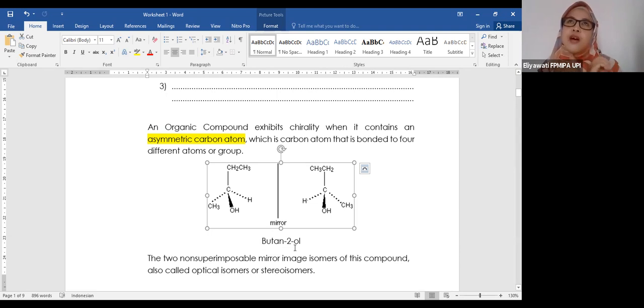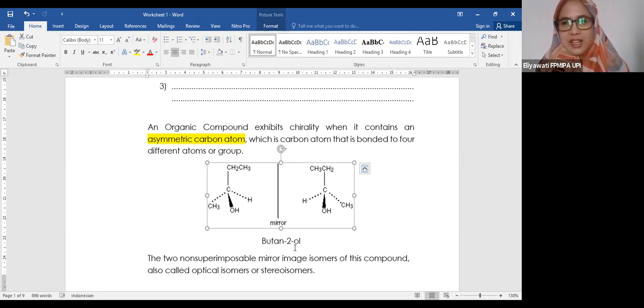Okay, we need another example of a substance that contains an asymmetric carbon atom. Can you find it? Just mention it, or maybe you can draw the structures. The carbon atom has 4 covalent bonds, and then each bond should bind with a different group.